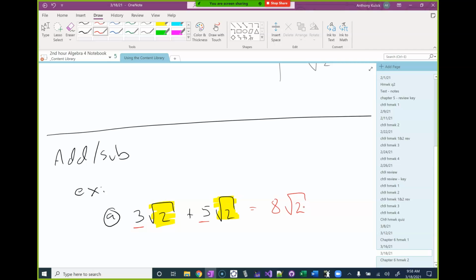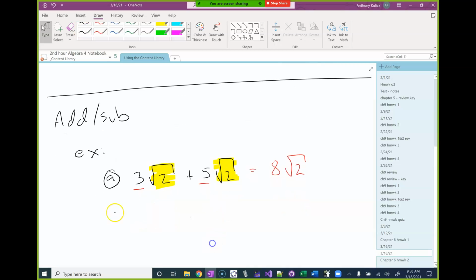Does that feel okay? Mr. Cooley, yes, sir. Did you say you can only add them if the number under the square root is the same? And the radical part is the same, yes. Okay. So, for example, if we had this, there's nothing we can do here because one is a square root, the other is a cube root.